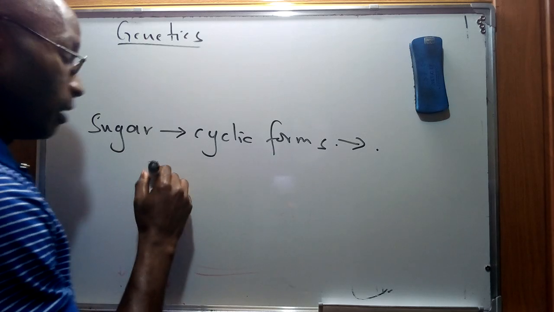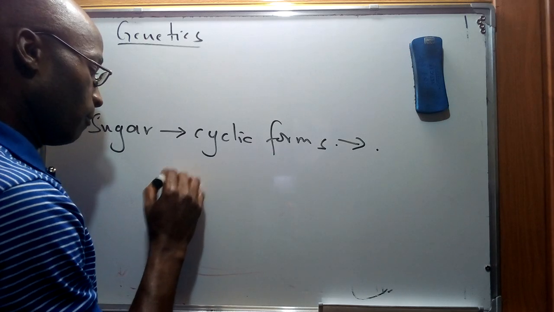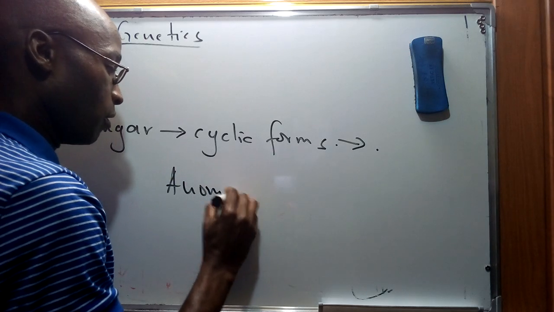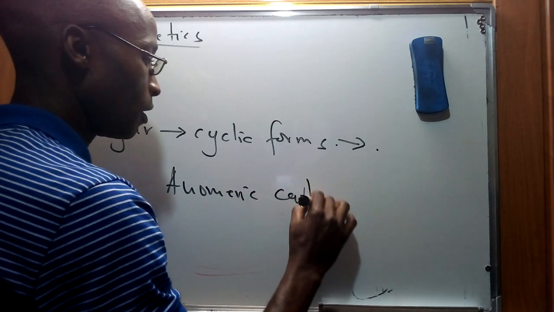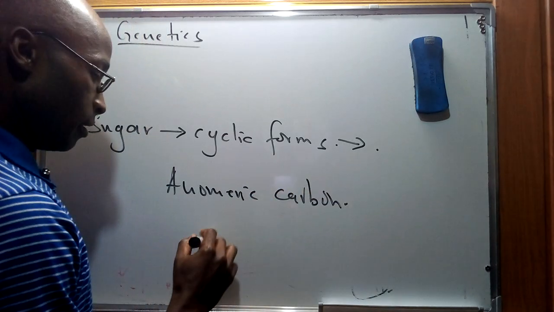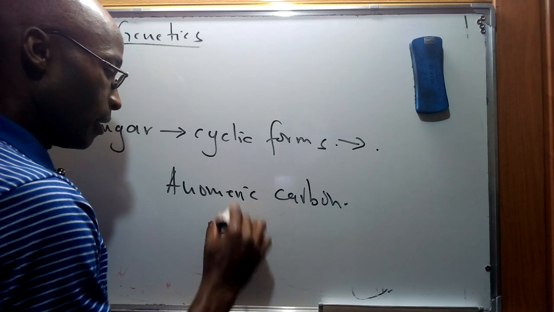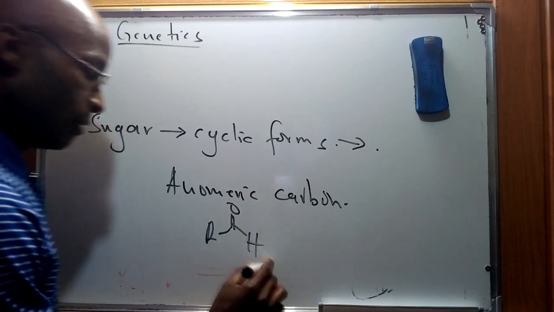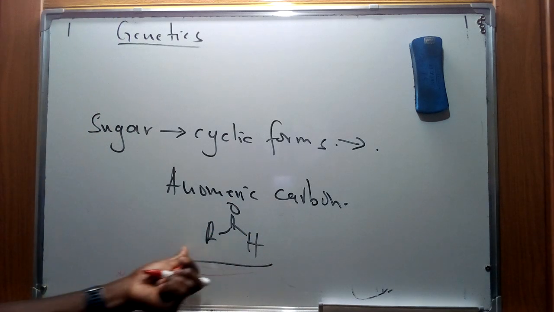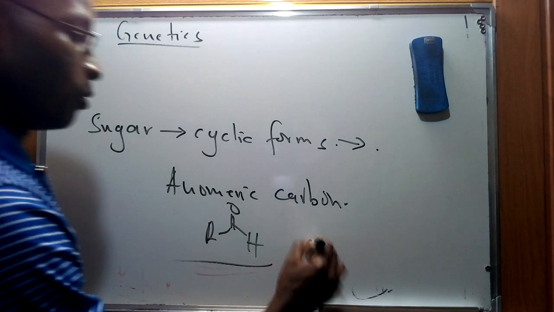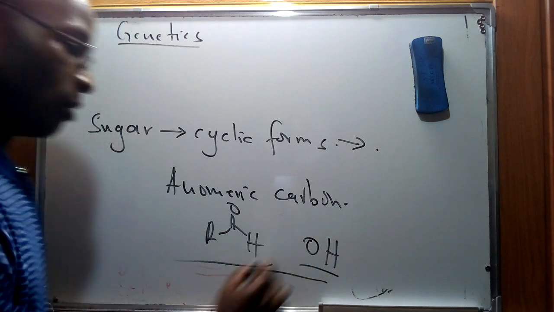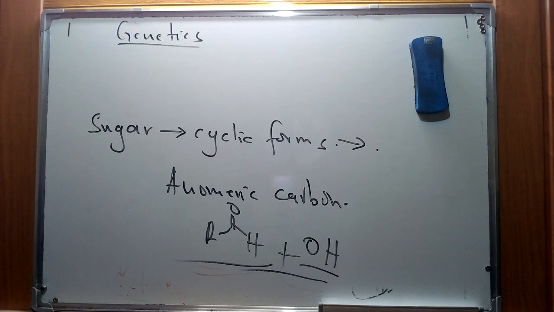We have a specific carbon that we refer to as the anomeric carbon, which comes from the aldehyde, which undergoes a rearrangement together with the OH group to form cyclic forms of these sugars. So in this case, we're going to mention the concept of sugars, bases, and nucleic acids respectively.